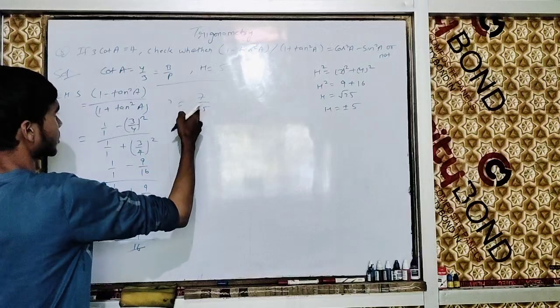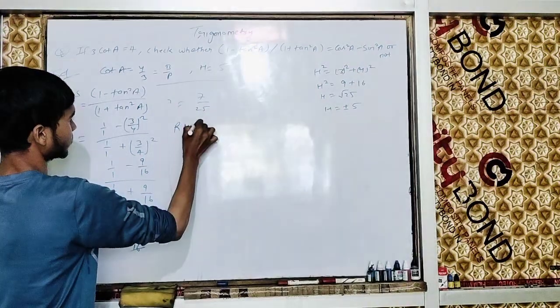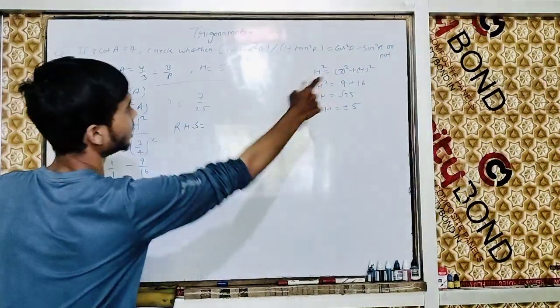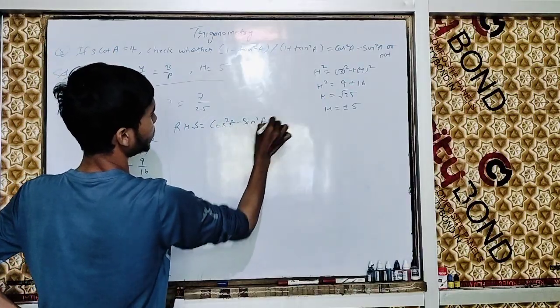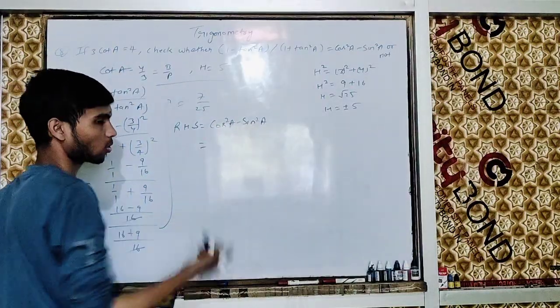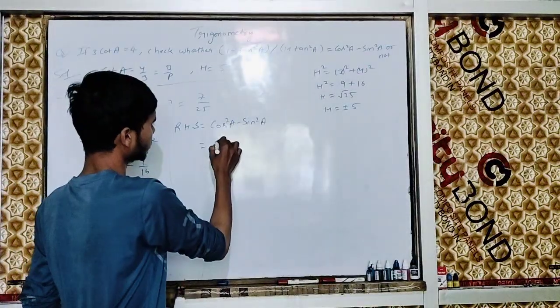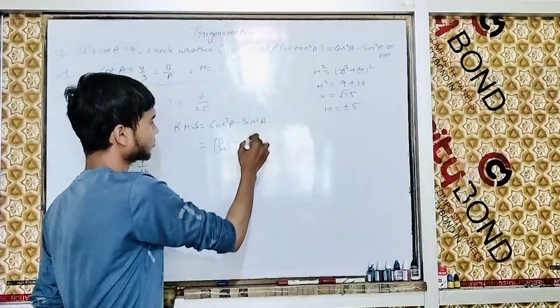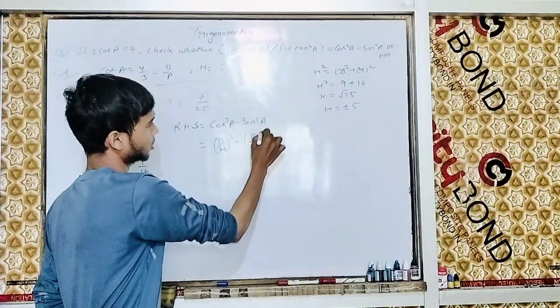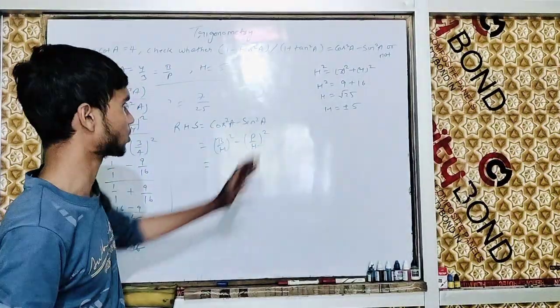Now the RHS. RHS is cos square A minus sin square A. Cos A is B upon H, and sin A is P upon H. Just substitute the values.